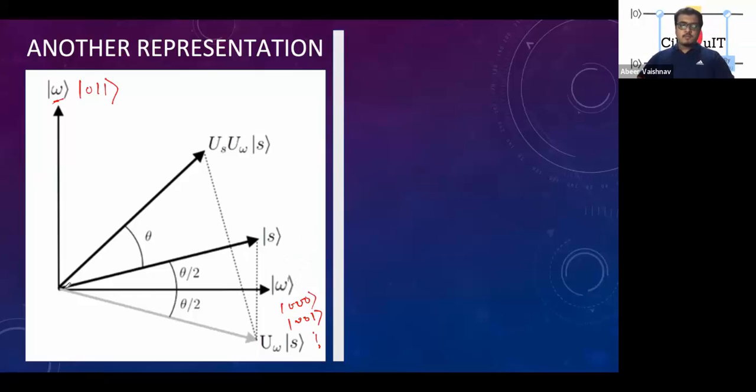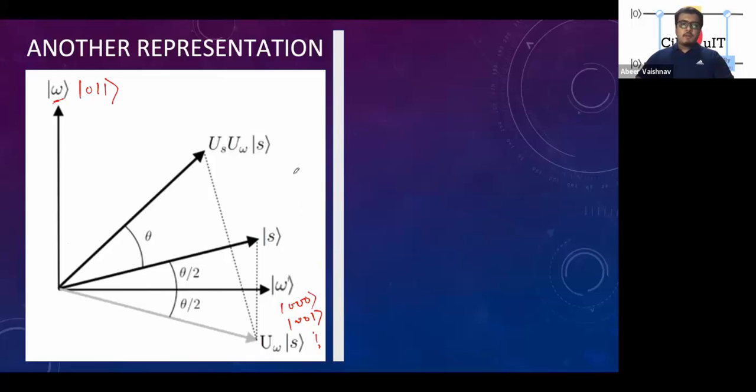We take this vector S, which is an equal superposition of all the states, and when we plot it against omega and omega prime, we get something like this. This particular state is our initial state. This means that the cos theta by 2 value is the amplitude of all the other states, whereas the sin theta by 2 value is the amplitude of the omega state.